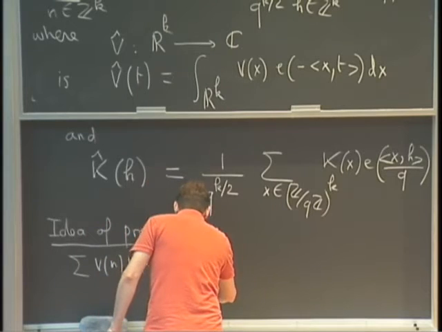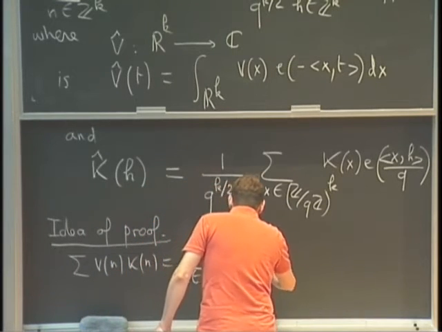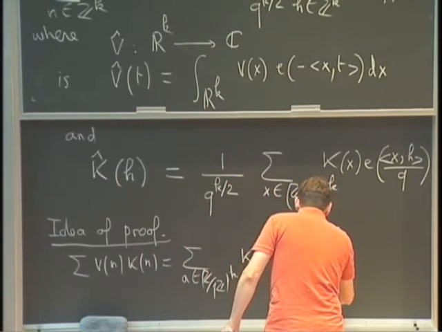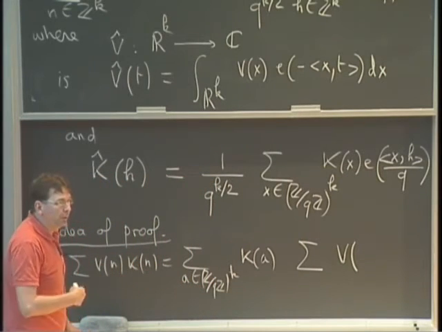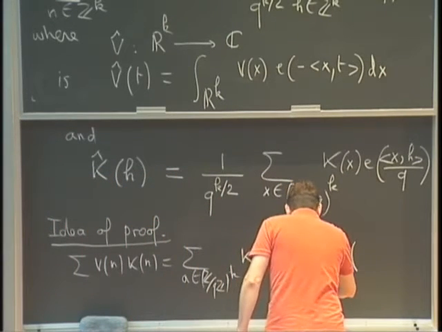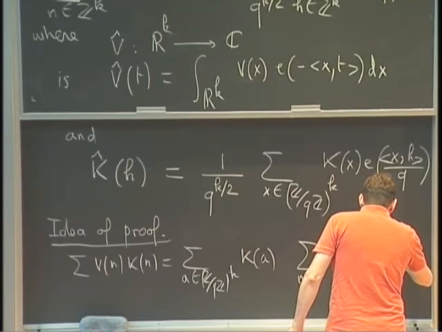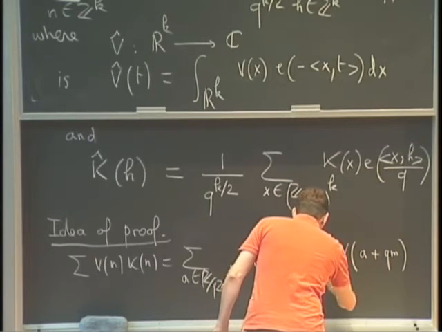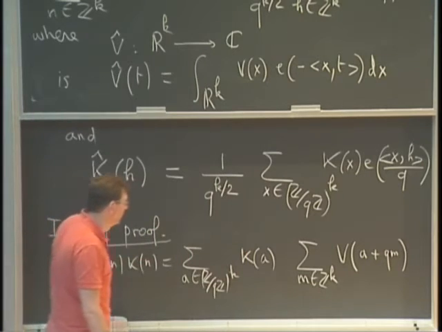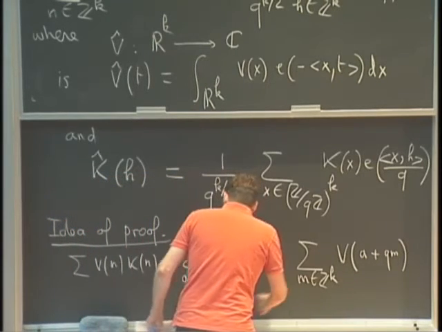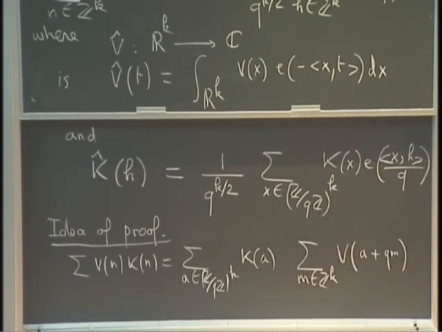So it's going to be the sum over A in Z mod QZ to the power K, K of A, and then the sum over V congruent to A modulo Q, which you can replace by a free summation over M of V of A plus Q times M. So you have to view A as a vector of integers, but that's no problem. And then this is a case of the standard Poisson summation formula.